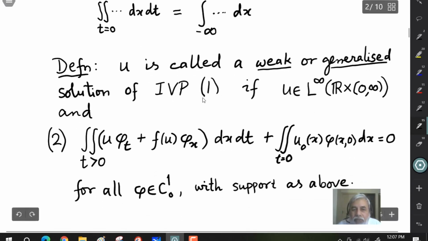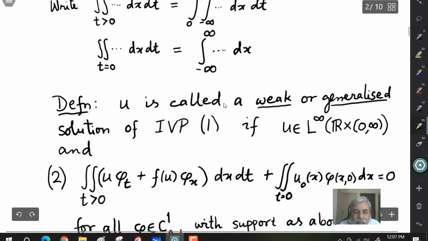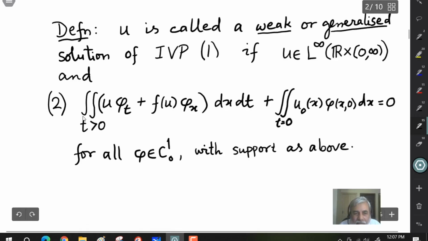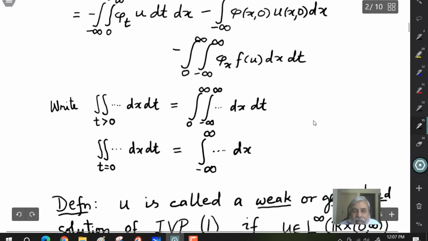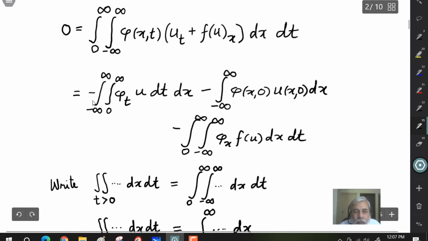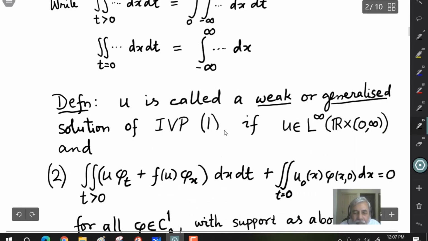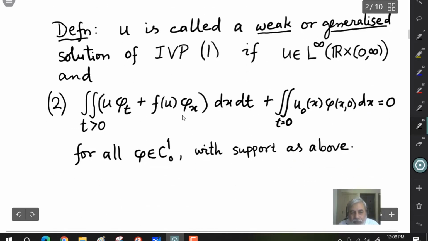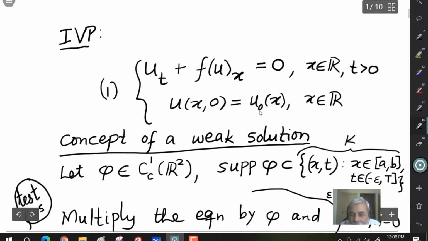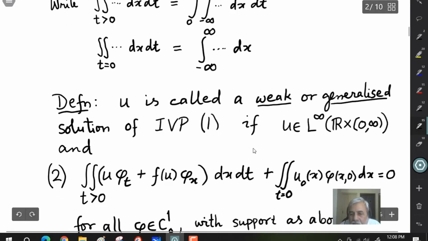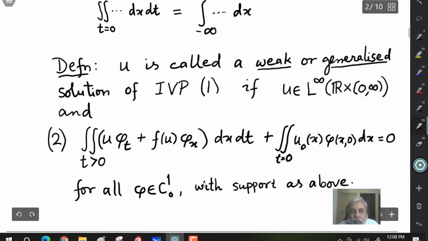So if u is a bounded function, u in L infinity of R cross (0, infinity), and this integral relation is satisfied, and that integral relation is precisely this one: 0 is equal to minus minus minus, so you just make that plus, the integral of u phi_t plus f(u) phi_x dx dt, plus the integral of u_0(x) phi(x, 0) dx, which is coming from the initial condition u_0(x), for all phi which are test functions.